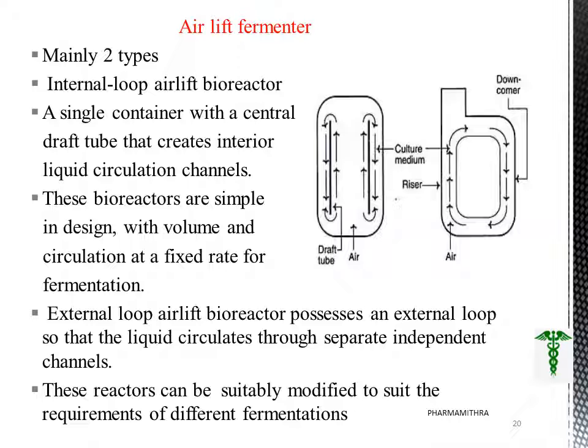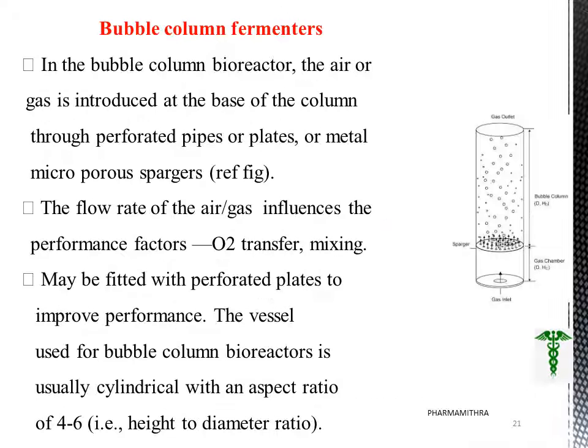This bioreactor is very simple in design, with volume and circulation at a fixed rate for the fermentation. The external loop airlift bioreactor possesses an external loop so that the liquid circulates through a separate independent channel. These reactors can be suitably modified to suit the requirements of different fermentations.